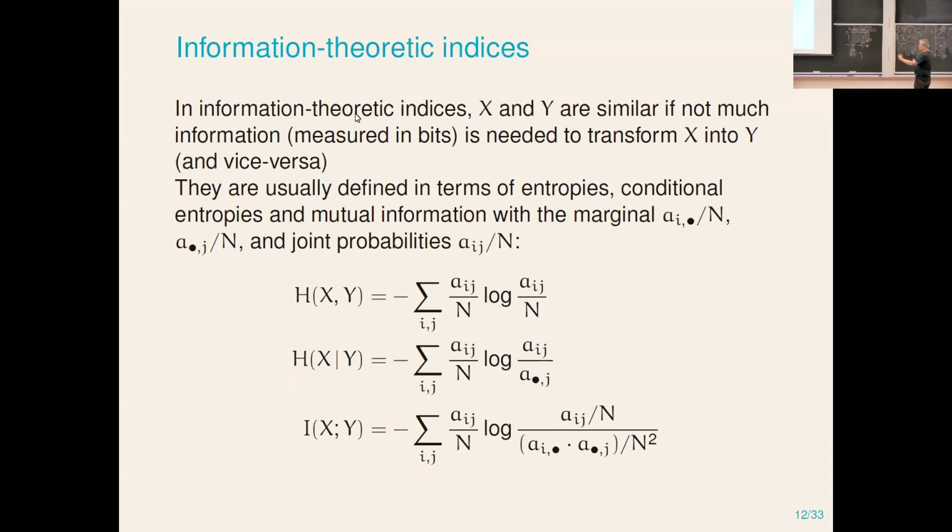In terms of the conditional entropies, in terms of the mutual information, which is the sum of entropies minus the joint entropy. So again, they are more or less complicated functions of the contingency matrix entries.